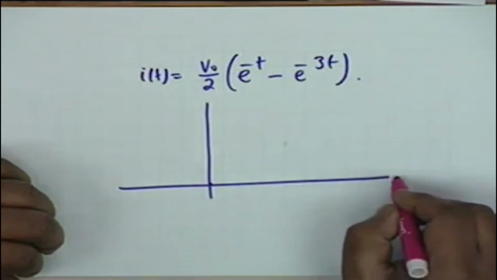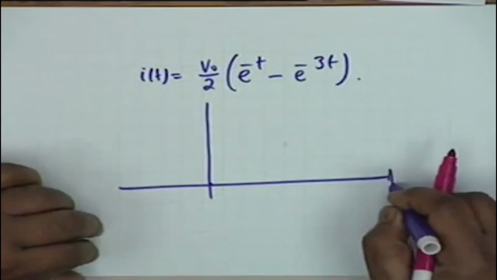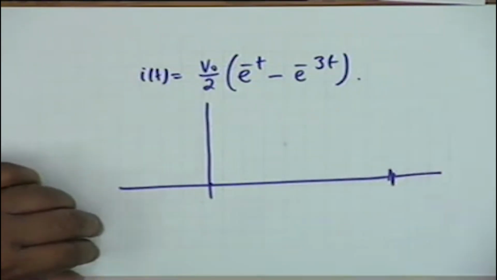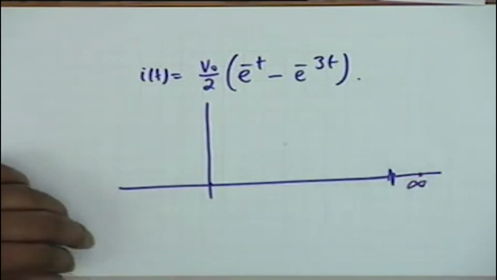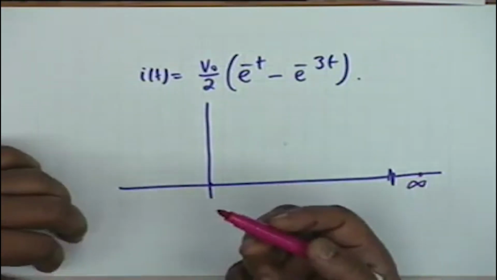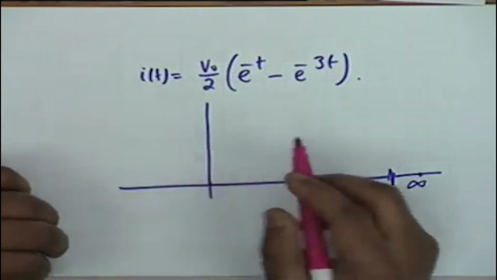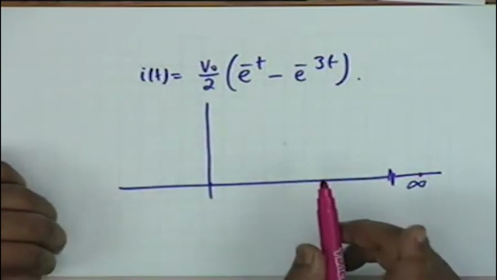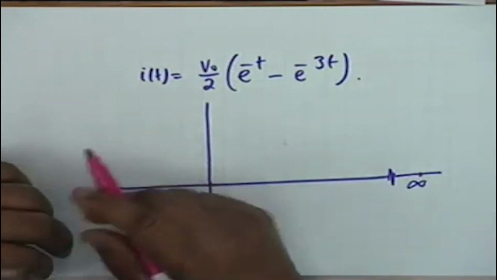So at infinity it must again be 0. Let me show infinity on a finite plane by a break. Let's say this is the point at infinity. So infinity is also 0. In between the current is positive, it doesn't change direction, it cannot be 0, and therefore it must have at least one maximum.